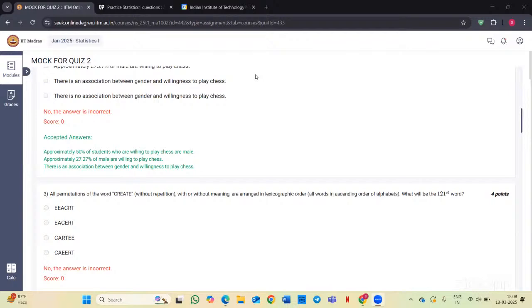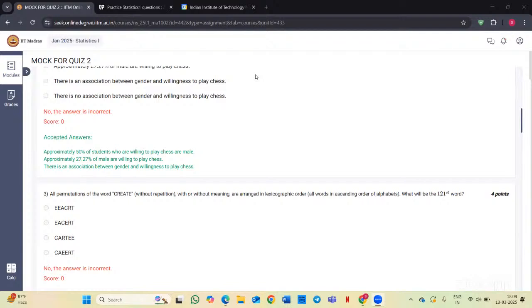So from 61 to 120 we have the words starting with C. Understood? Now the 121st word would start with E. Then the remaining five would be in alphabetical order. So option B is the correct option. Now you got it?